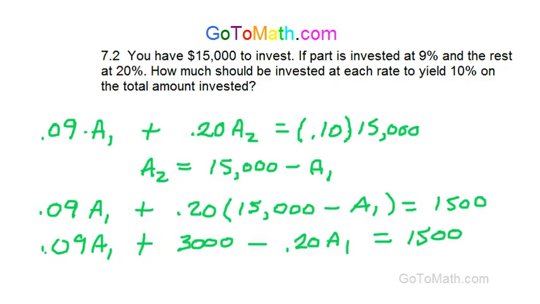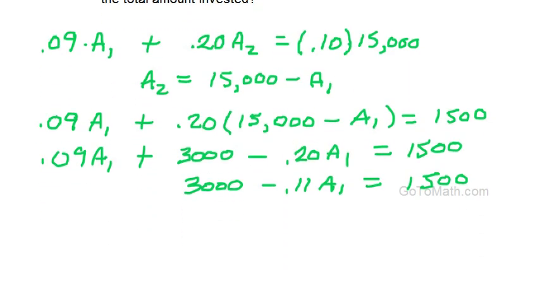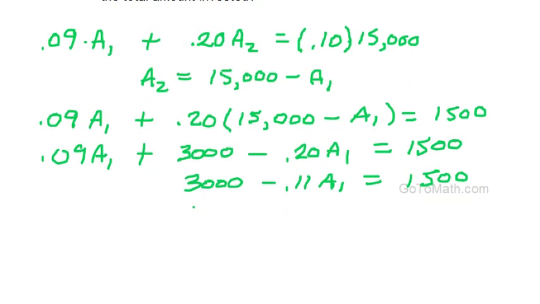So we have 0.09 A1 minus 0.20 A1, and that's going to be negative 0.11 A1, then we have 3,000. I need to make some adjustments to the screen here.